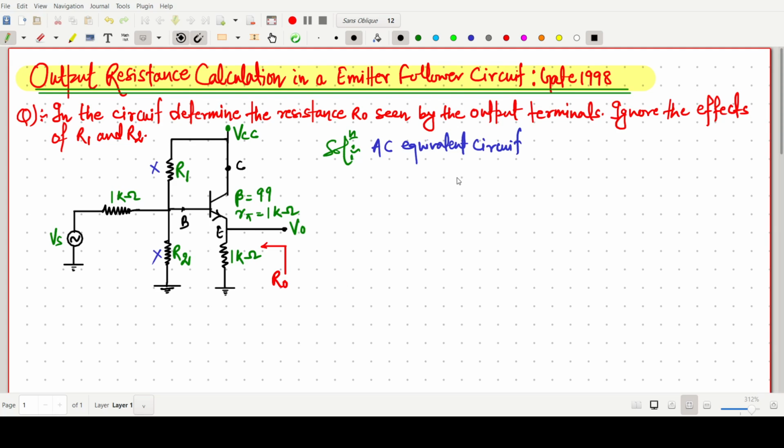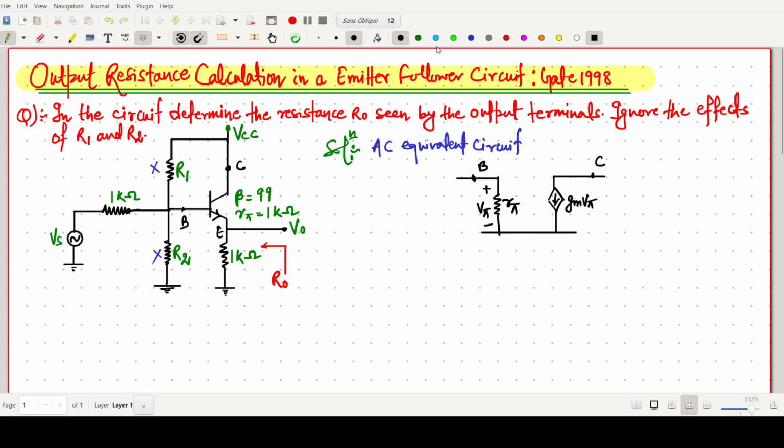I am drawing this one, our R pi, and this one is the base in, and this voltage will be our V pi. From the collector side you can write Gm V pi, and this end is the collector end.